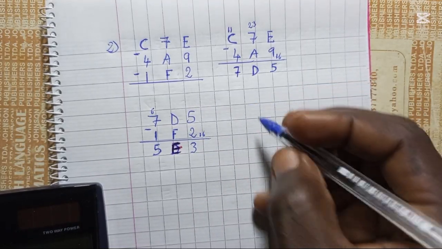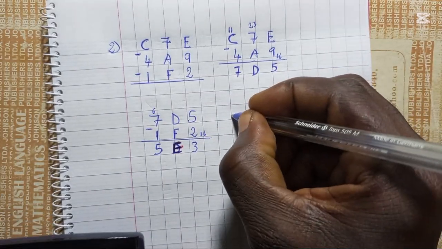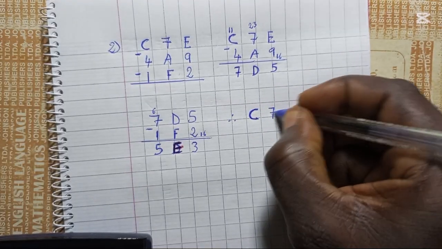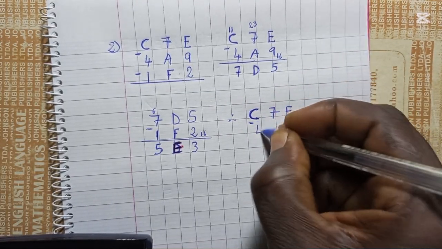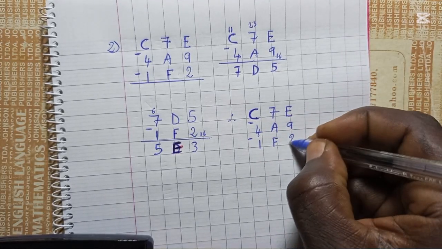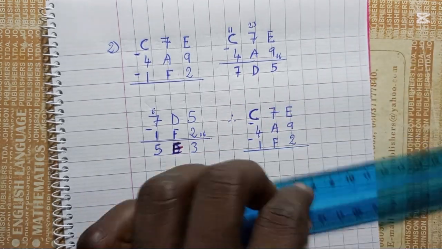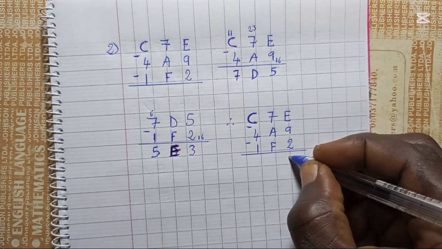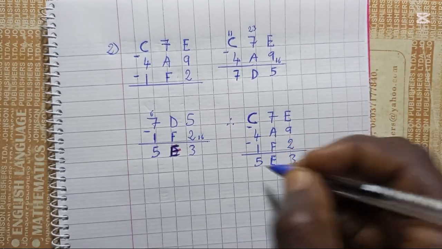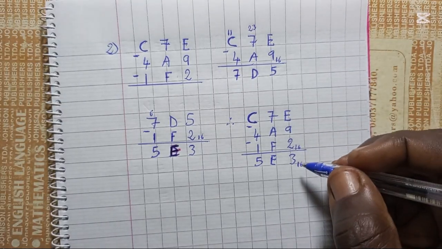So therefore, C7E minus 4E9 minus 1F2 is equal to 3E5. 3E5 indicates the base of 16. So this is the answer to number 2.